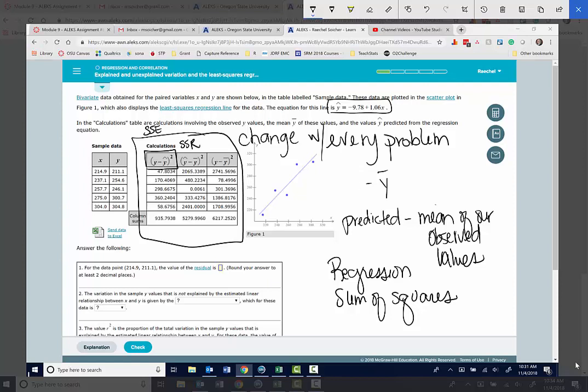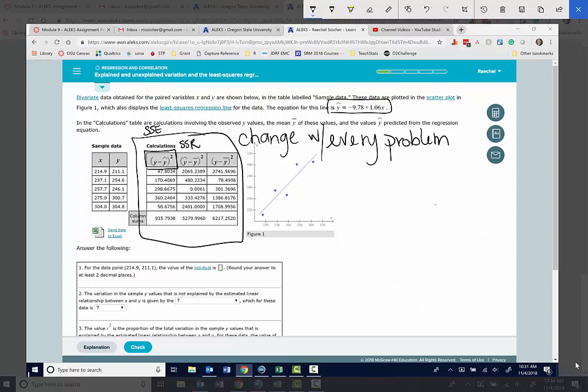And then lastly, we have our observed y minus our mean of y. This should look familiar from all of our other calculations, where we're taking our y values minus our mean of y, and this helps us get at the variance within our data set. So this is overall our sum of squares total.